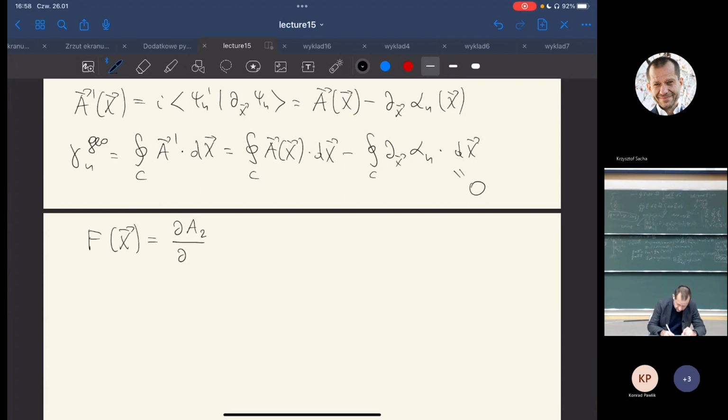Remember that we consider a 2-dimensional manifold for the parameters of the system. And this quantity for the Berry phase problem can be expressed as the following quantity.